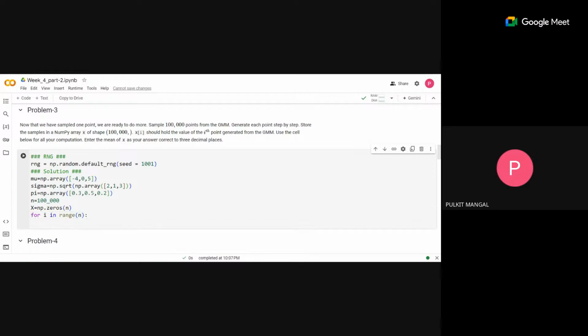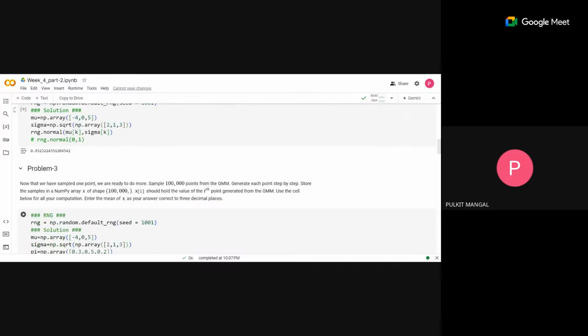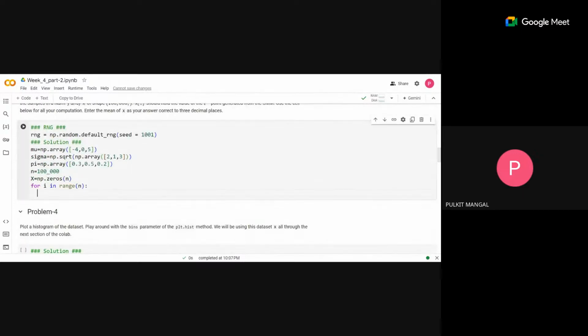What is the first step? We will sample the component, choosing it with the probability of choosing this. And let's call this k, and we can replace this p with pi.